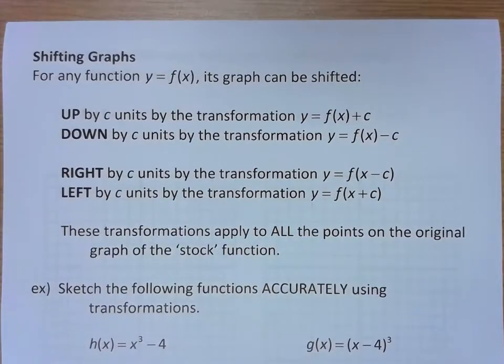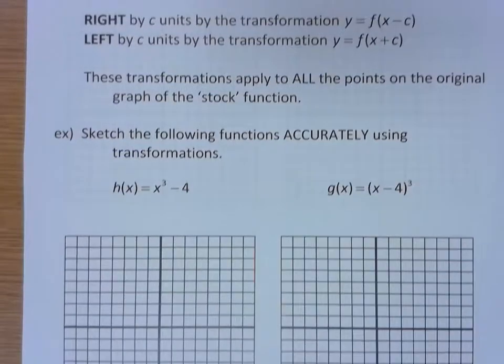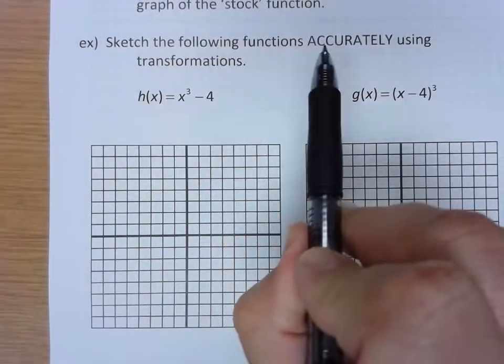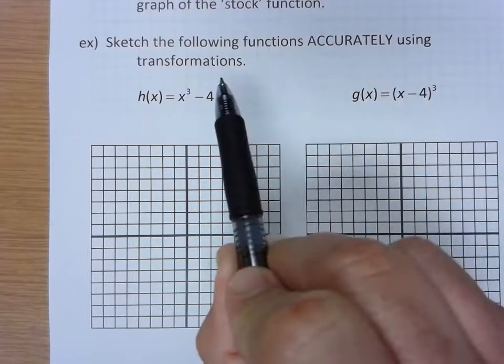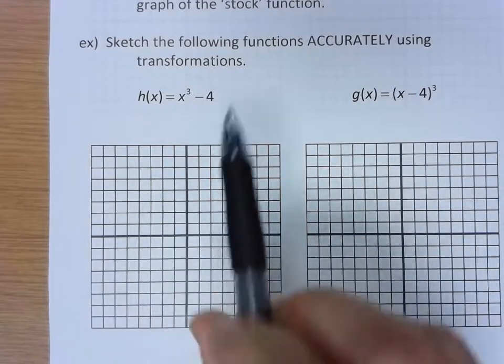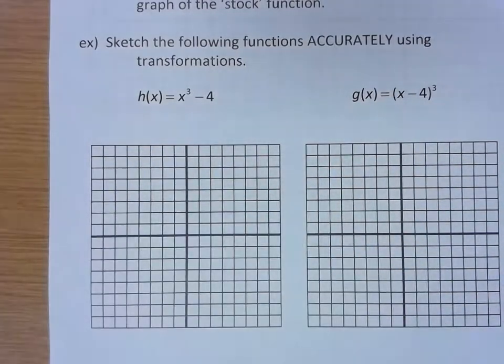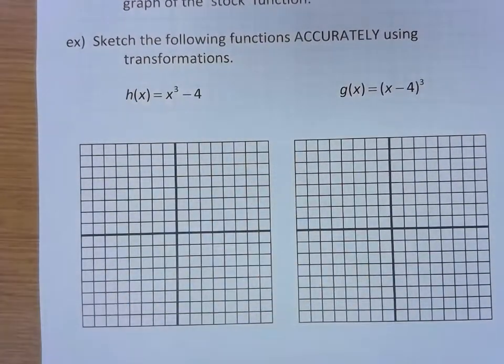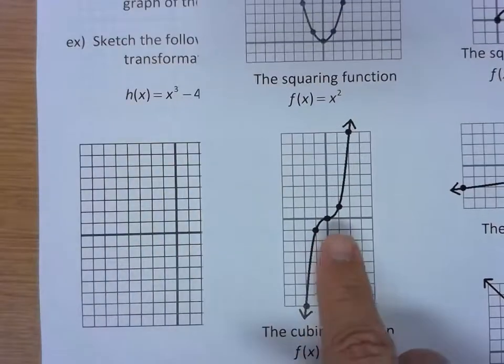Okay, so let me jump to the bottom of the page and show you an example of vertical shifting with this first example. You're asked to sketch the following transformations accurately using the transformations that are detailed right here. So first thing to make note of is that we're referring to the cubing function's graph, which is this one right here.